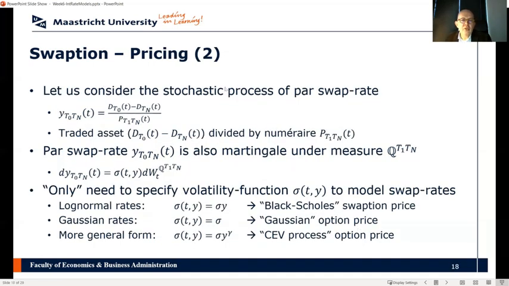Let us consider the stochastic process of the par swap rates. Well, what is the definition of the par swap rate? The forward par swap rate for a swap starting at time t0 and running until time tn was the value of the floating side divided by the sum of discount factors.